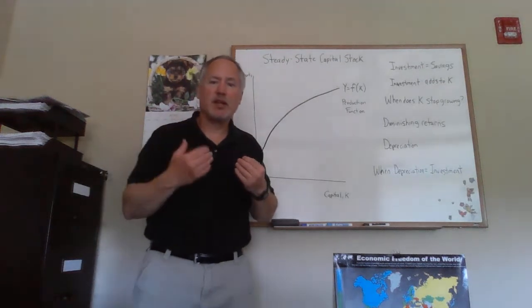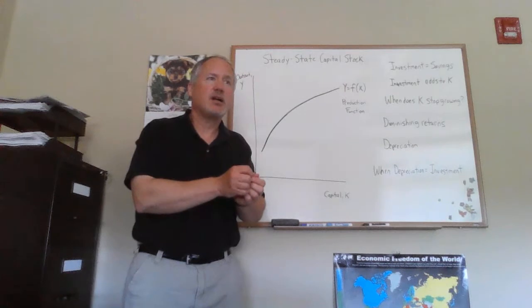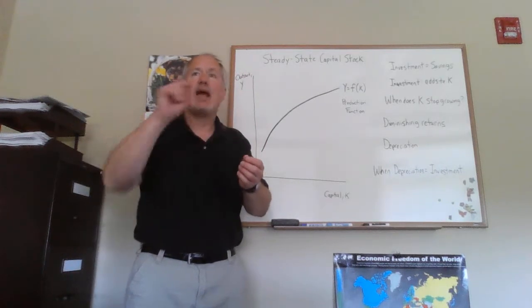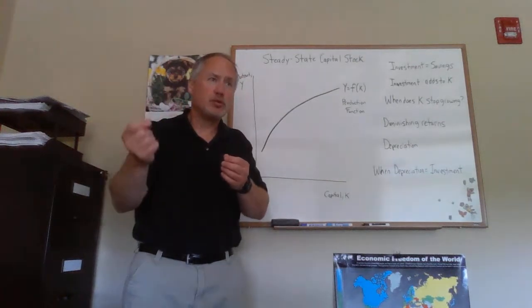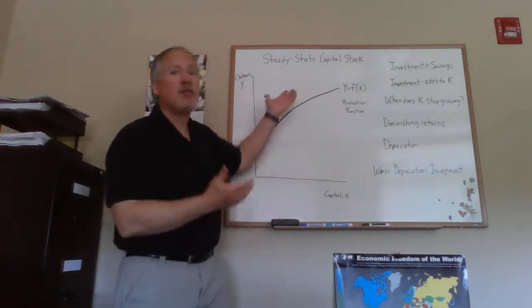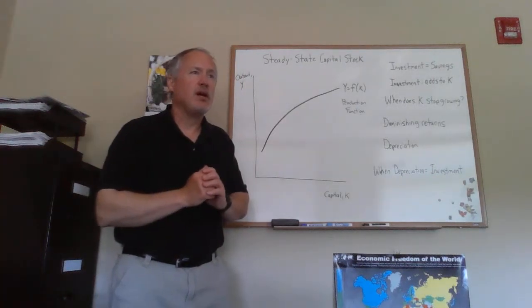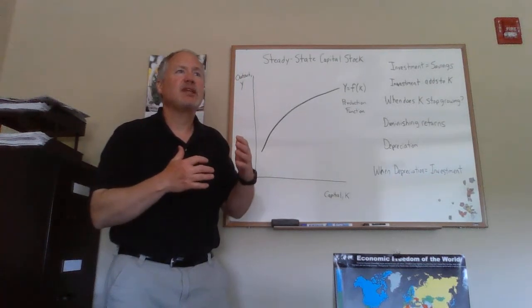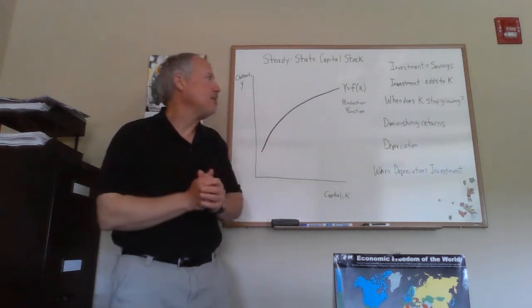As we try to think about this dynamic element, we realize the more investment we have in the economy today, the bigger the capital stock we can have tomorrow. That means we can produce more in the next period and have a higher standard of living. And again, we're trying to think about at what point this capital stock is going to stop growing, and what leads to that?